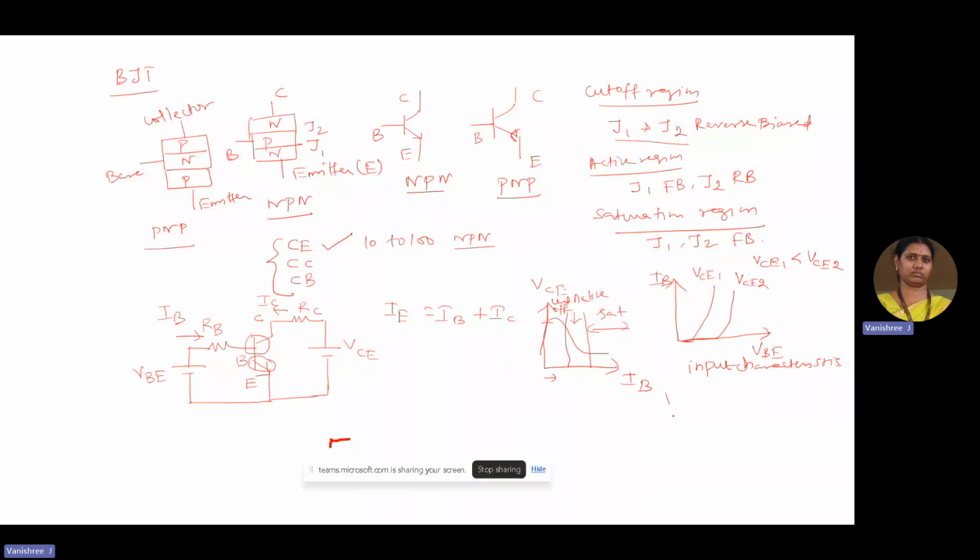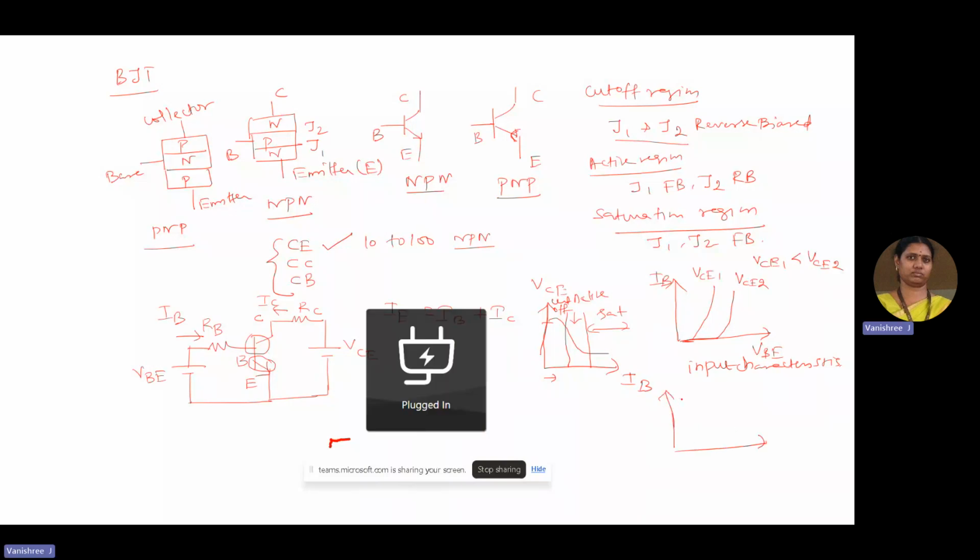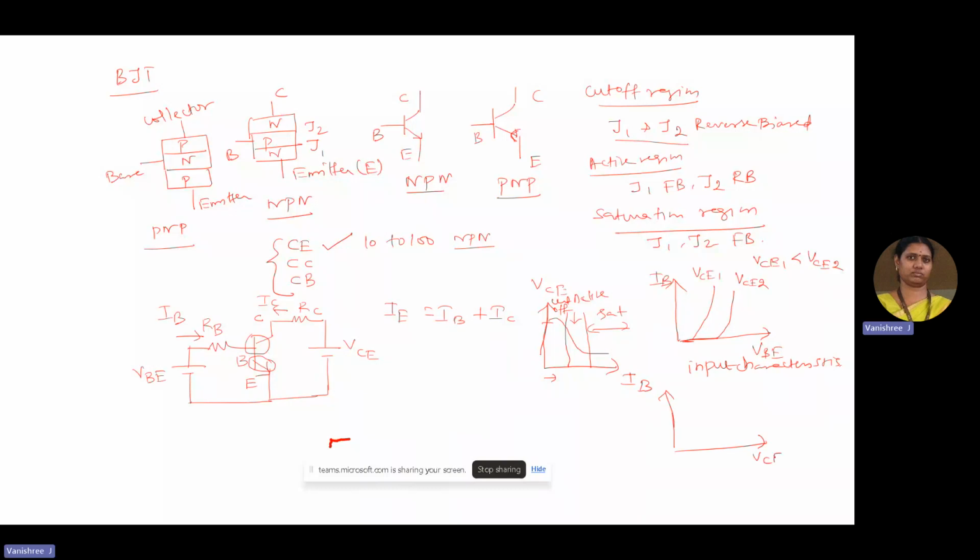And coming to output characteristics, it is drawn between VCE and IC for various constant values of base current. So as we increase the magnitude of base current, the collector current gets increased and gets saturated in value. And if we need to increase the collector current much further, then obviously we need to go to the next constant value of base current.